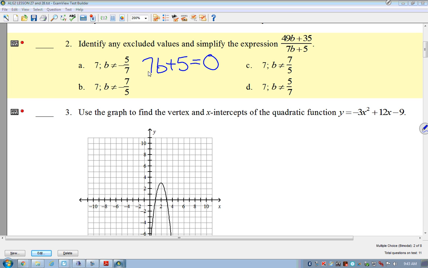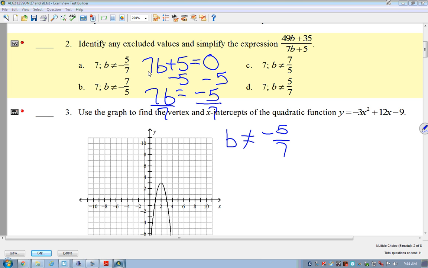Because I'm trying to find the excluded value, the thing that would cause the denominator to be equal to 0. Now what do I do? Subtract 5 from both sides. So I got 7b equals negative 5. What's next? Divide by 7. So b cannot be negative 5/7, because if I plugged it in, I would get 0.